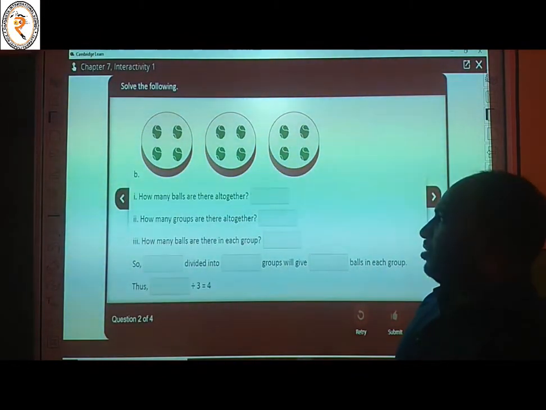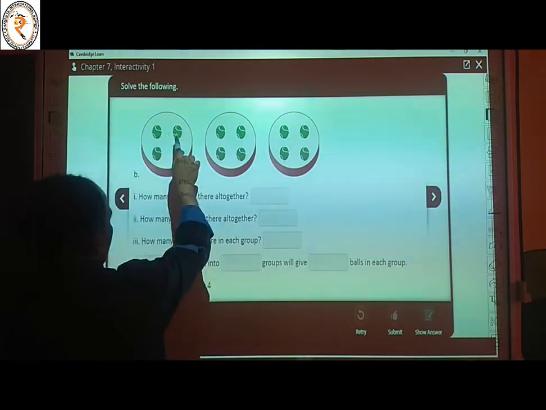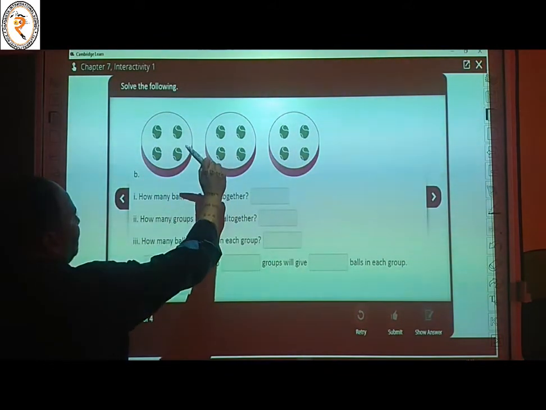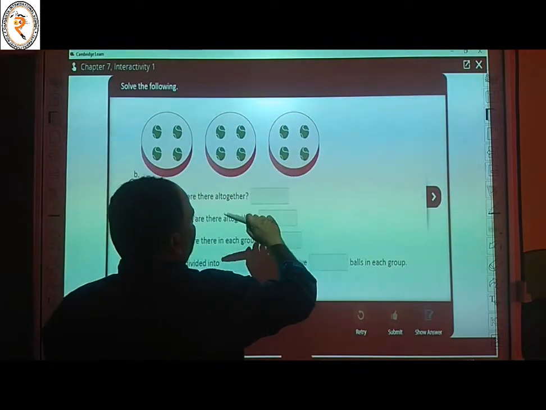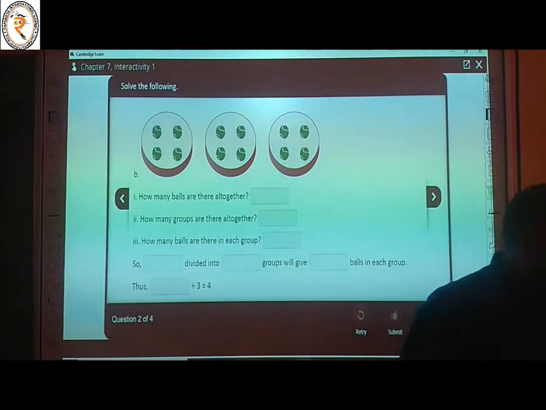How many balls are there altogether? We want to add 1, 2, 3, 4, 5, 6, 7, 8, 9, 10, 11, 12. Totally we have 12 balls.